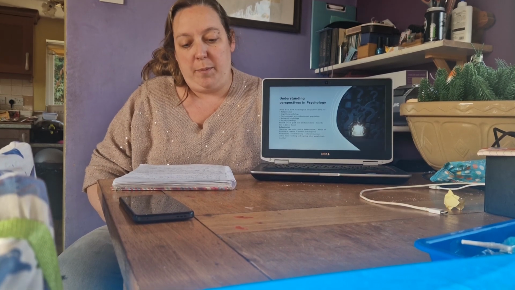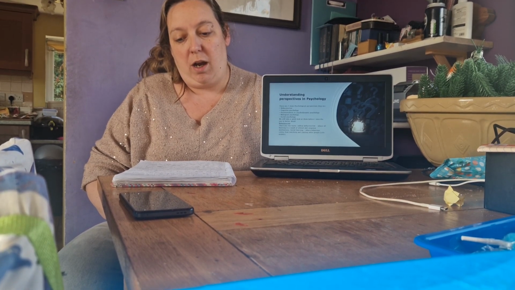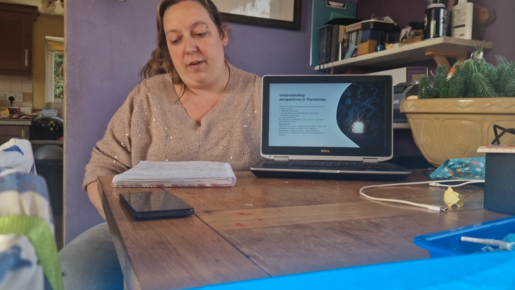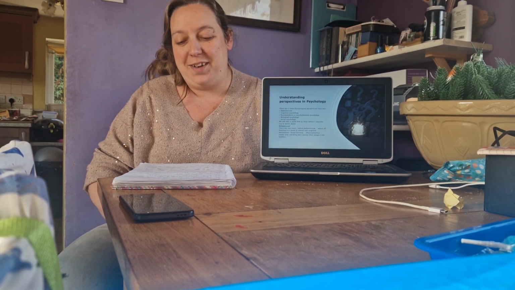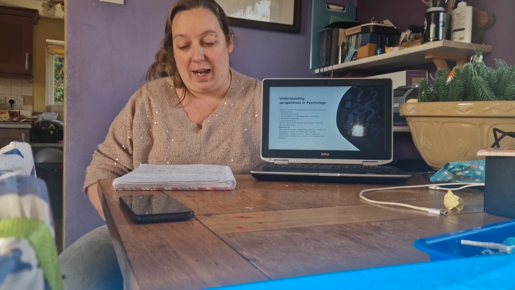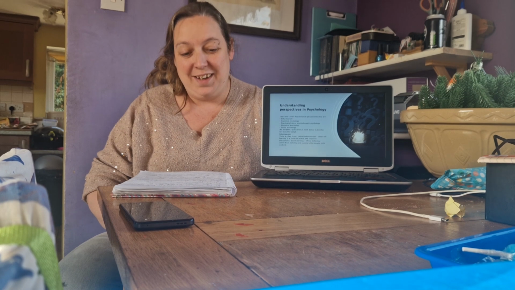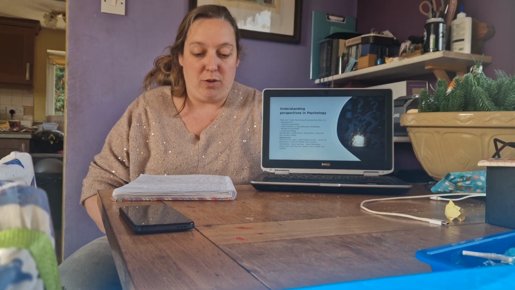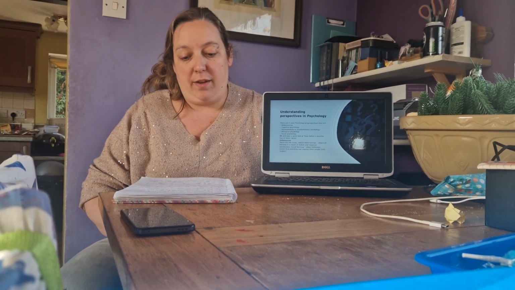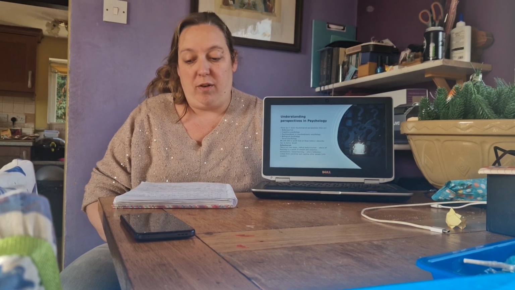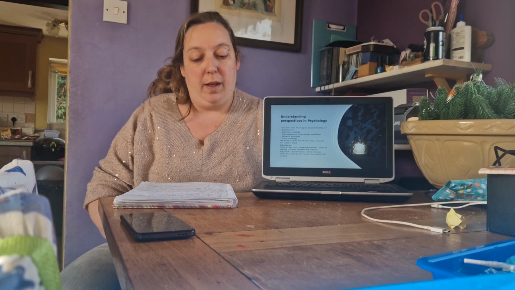There are 5 main perspectives in psychology. They are behavioural, cognitive, psychodynamic or psychoanalyst, biological and social. A quick look at them all before I look at 2 in more detail. Behavioural.